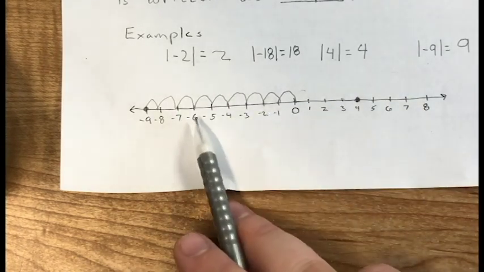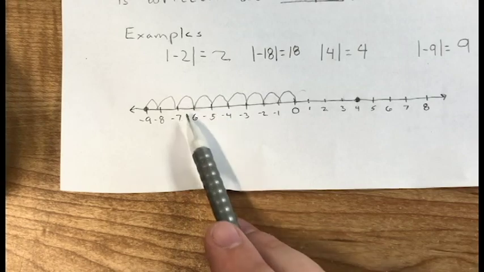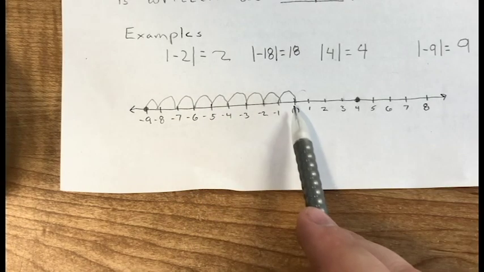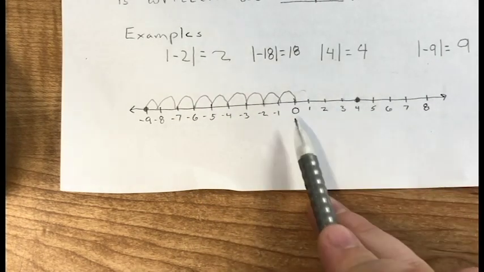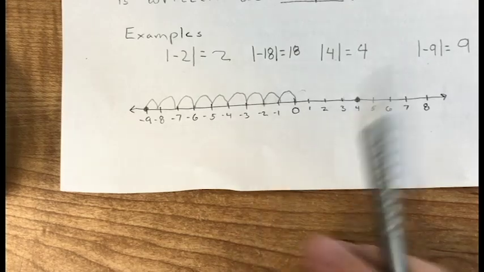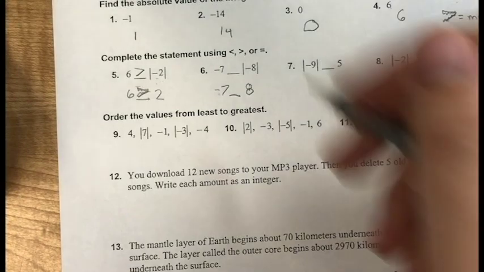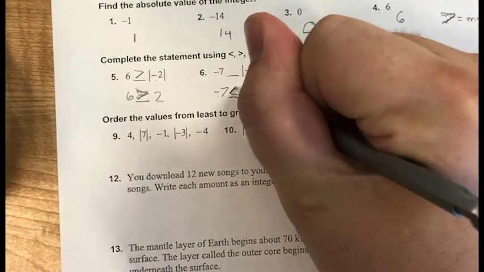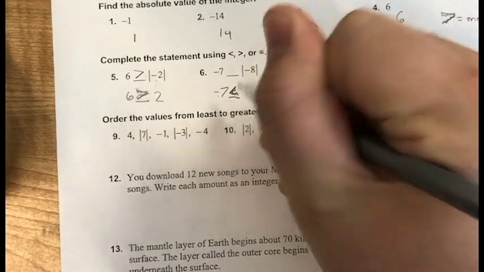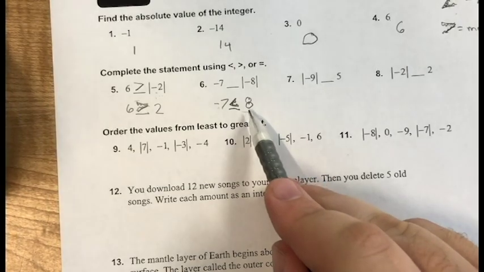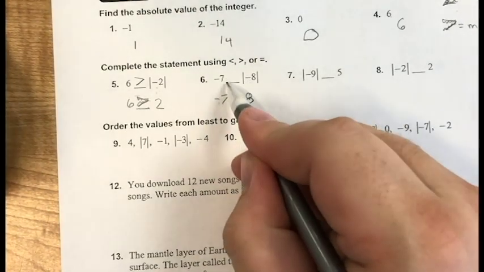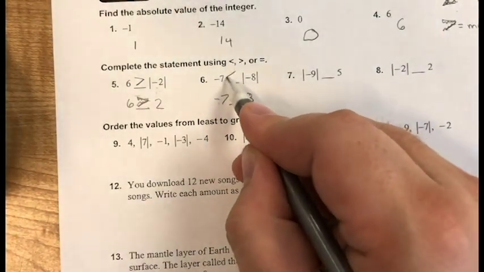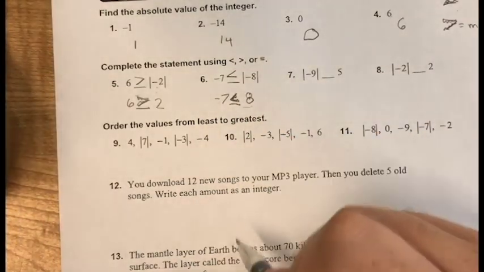Well, remember back from what you've probably been taught before, negative 7 is less than 0, but 8 is bigger than 0. So the biggest number out of these two happens to be 8. So let's draw our alligator mouth, because that alligator is hungry, so he's going to eat the number 8. So negative 7 is less than the absolute value of 8.